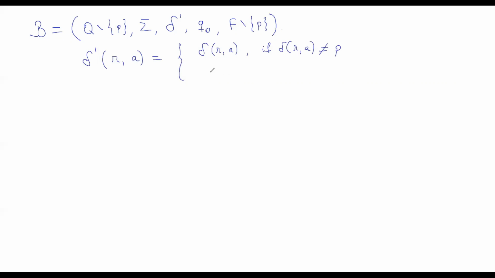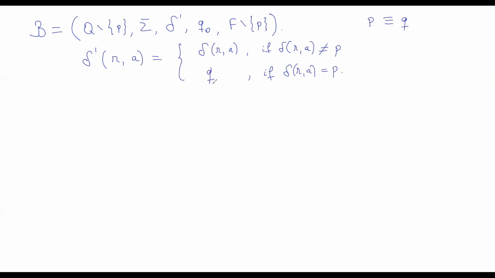But if it is p, then I'm just going to define it to be q. Because remember, p and q, they were equivalent. So that's what I do. Right? So this makes sense. The transition function is exactly the same as before, but whenever the original automaton was saying you go to state p, I don't have state p, but I have the equivalent one, state q. So I would say now you go to state q.